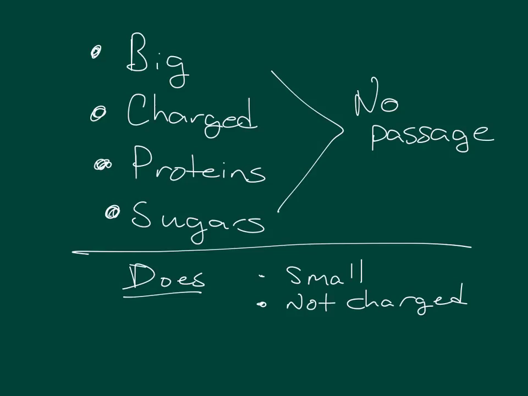And usually, as we said earlier on, which is why we talked about it for so long, not charged, we're talking about gases. Nonpolar molecules. We're talking about gases here, people. And so gases are nonpolar. They'll pass through without a problem. Okay, they'll go through the membrane, no problem at all.